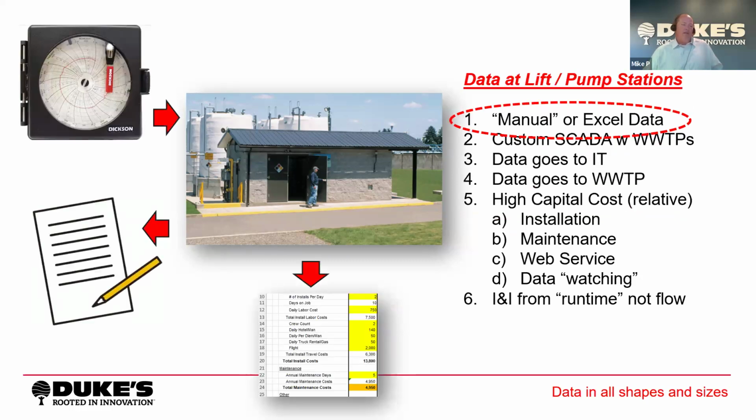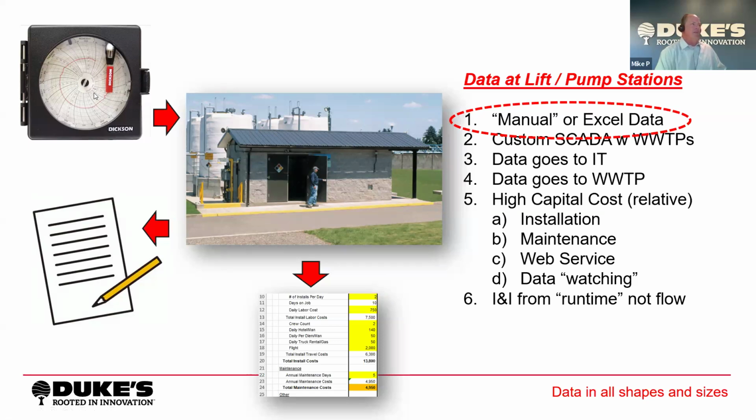So the data coming out of a lift station or pump station comes in all shapes and sizes. On the top left is a circular chart recorder that was used in our industry for many years. It divides the record into days, or it could be a week chart, or a month long chart.